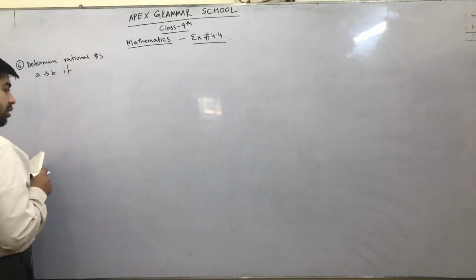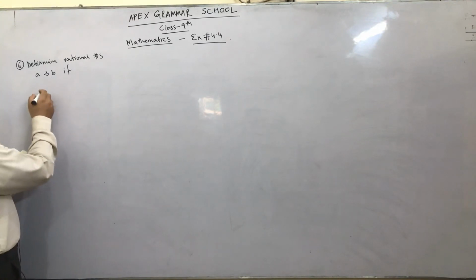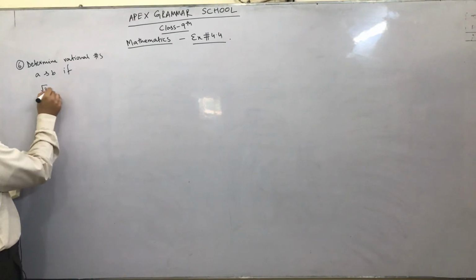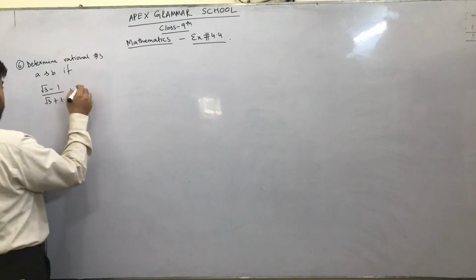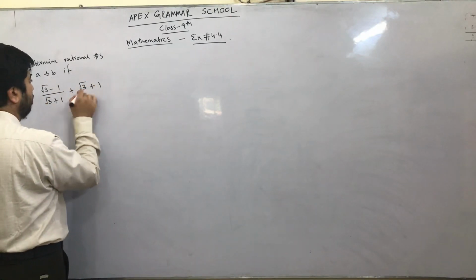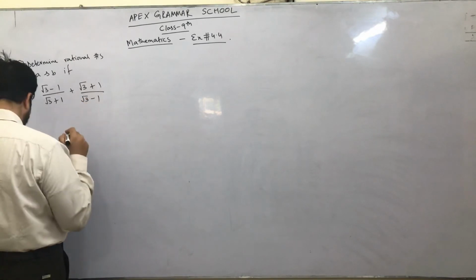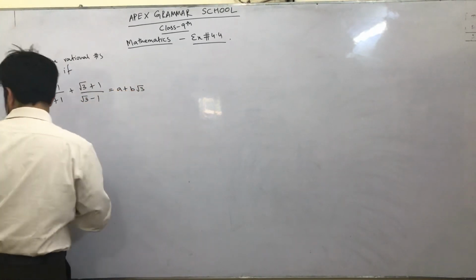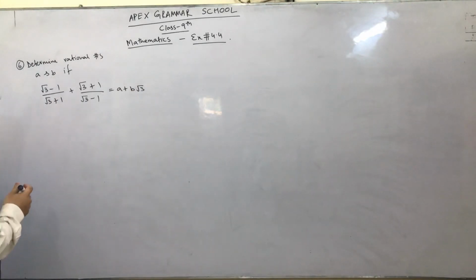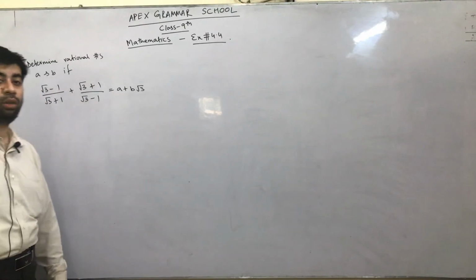Now in this question we will have to solve the equation. You just have to find the values of A and B by comparing. So in this question you have to solve this equation now.